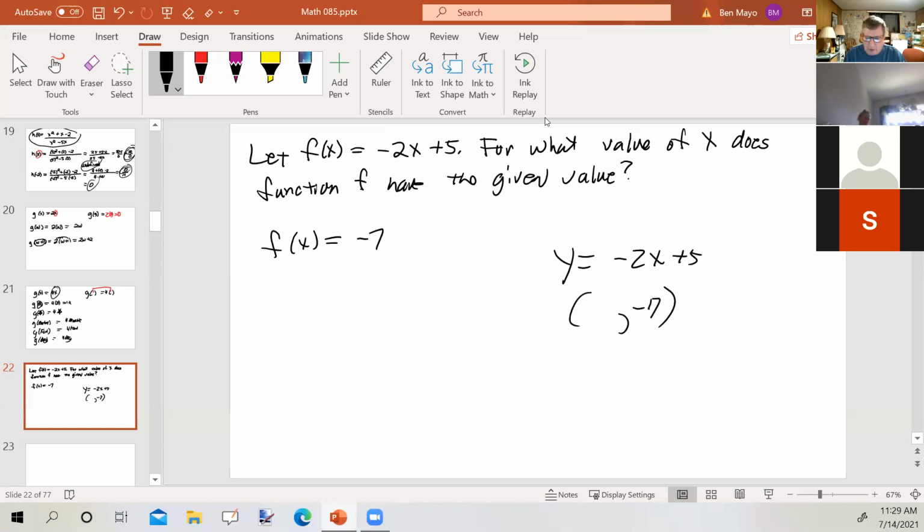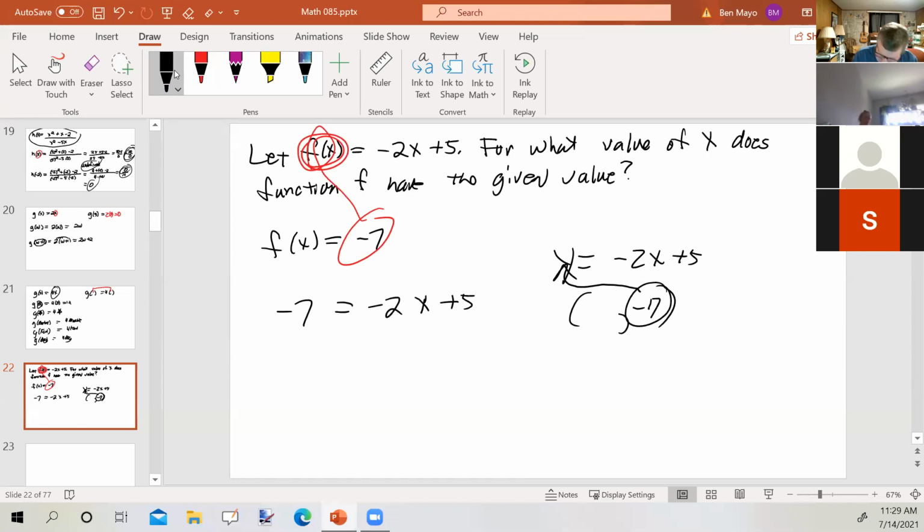Complete the given ordered pair, okay? How would you do that? Well, you don't know what x is, but you know what y is. So negative 7 would go in the place of y, and then you would solve for x. So now we've got negative 7 equals negative 2x plus 5, okay?